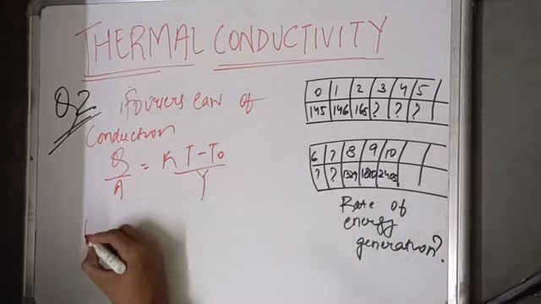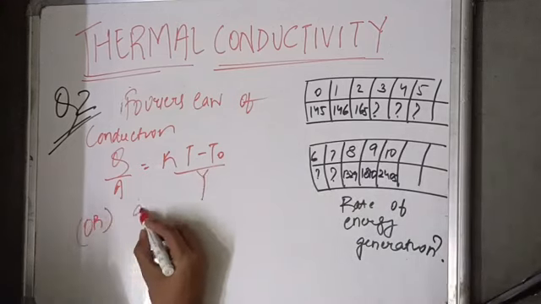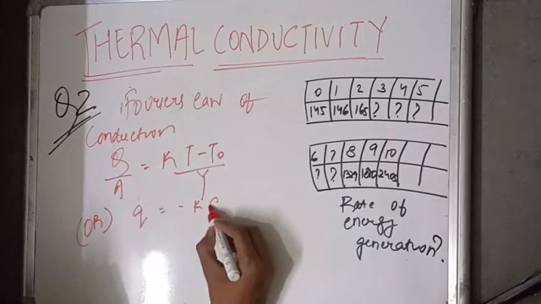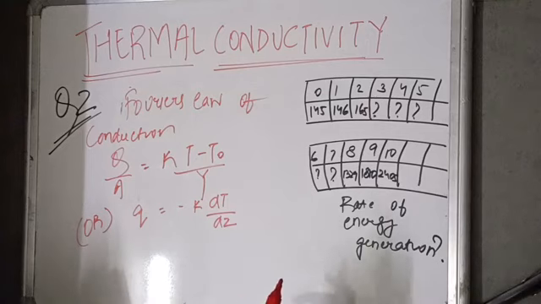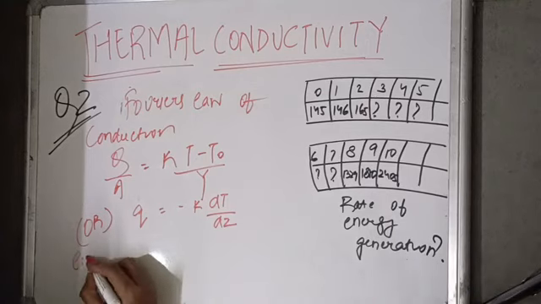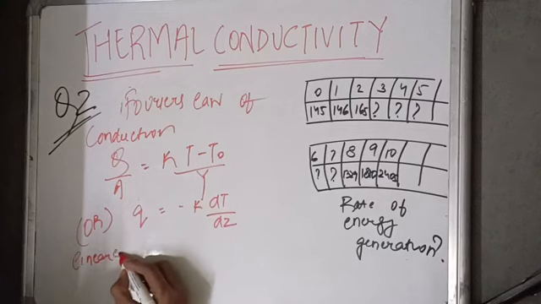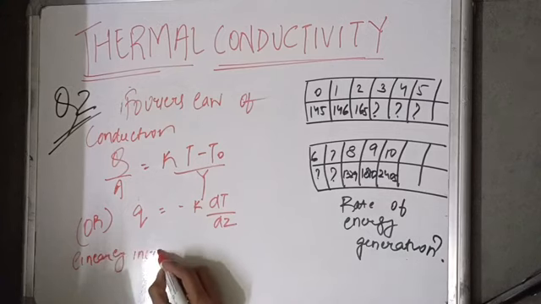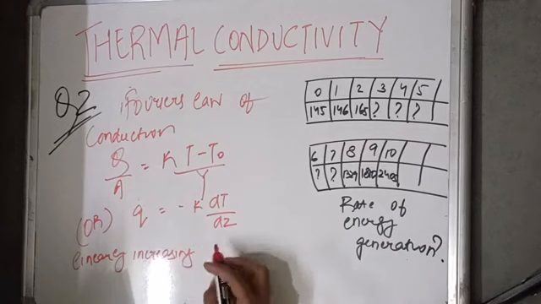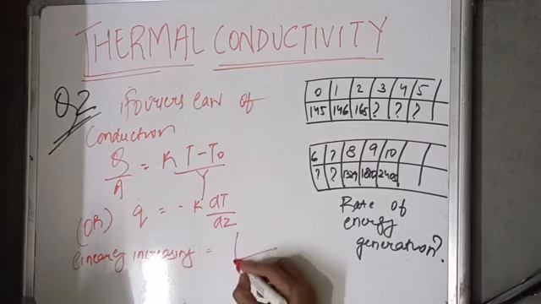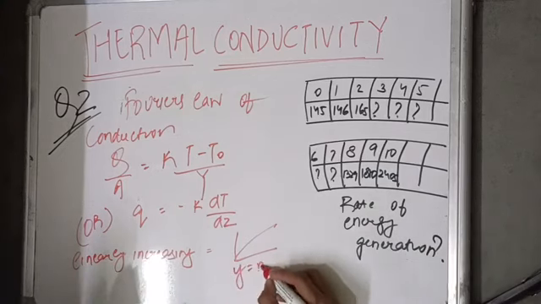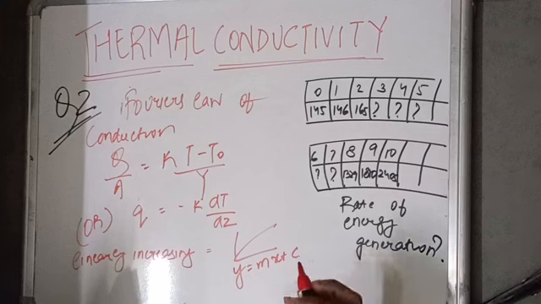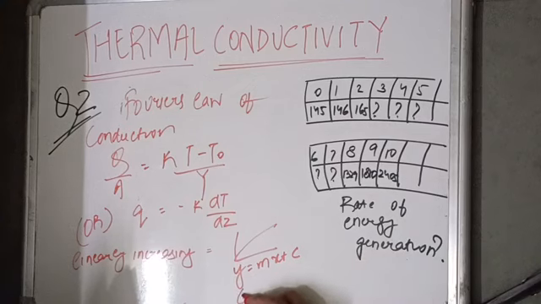It is given by this equation. It is given that it is linearly increasing, which means it can be the equation of a straight line, y is equal to mx plus c. In this case, I am assuming mz plus c.